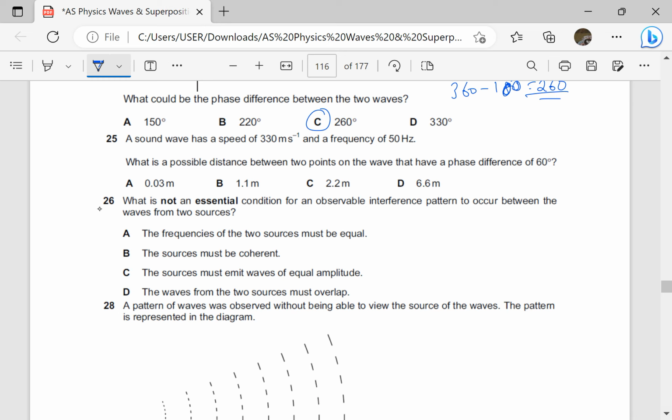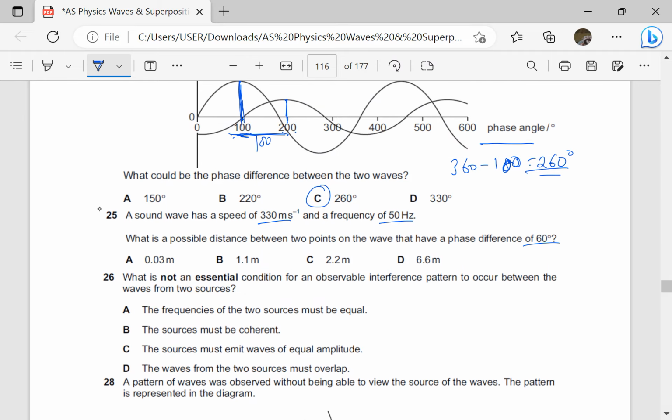The sound wave has a speed of 330 and frequency 50 Hz. What's the possible distance between two points on the wave that have a phase difference of 60 degrees? So phase is equal to 360 times distance apart over wavelength. The wavelength is going to be v over f, which is 330 divided by 50.